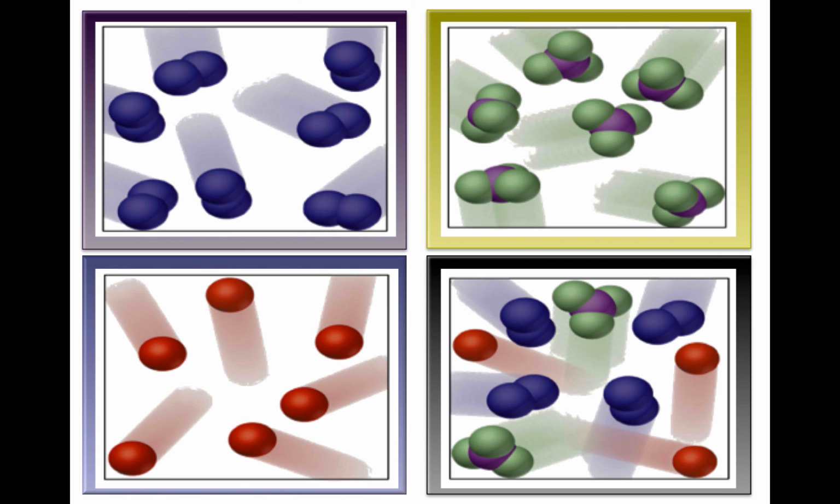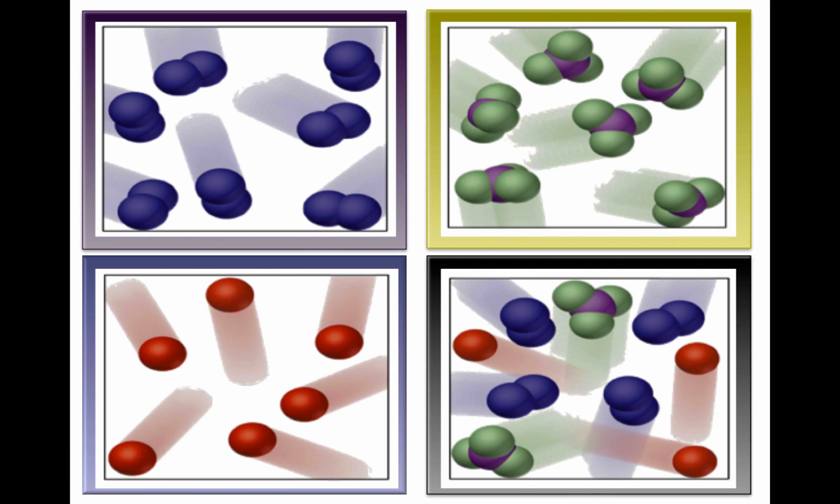Let's consider these 4 diagrams that represent compounds, elements, diatomic elements, and a mixture of elements and compounds. Let's see if we can determine which is which. Let's look at the figure in the upper left-hand corner.